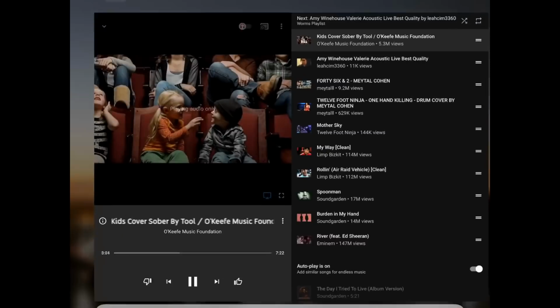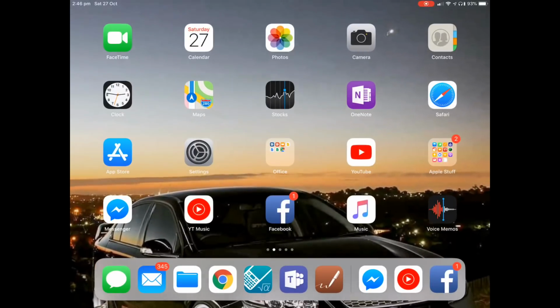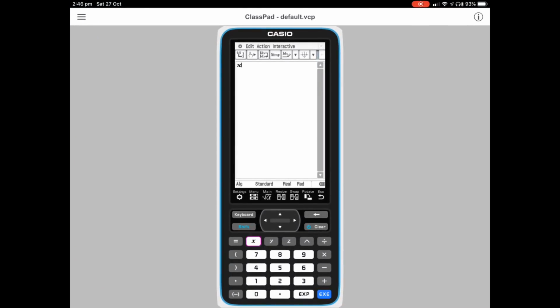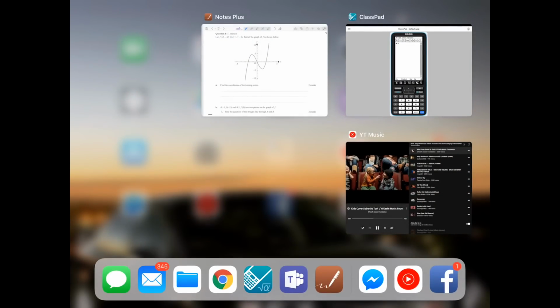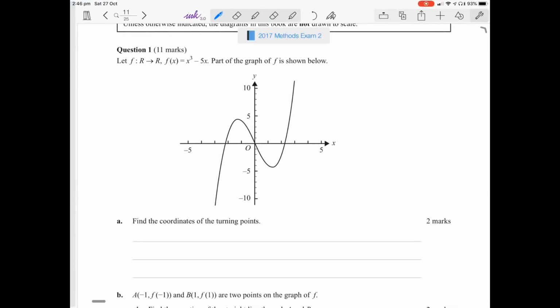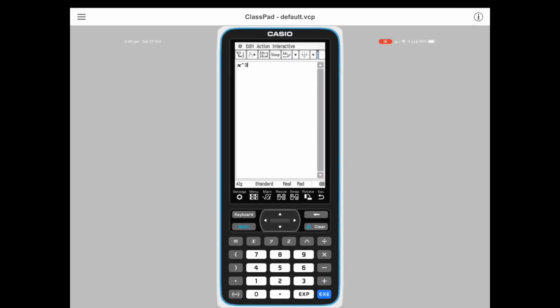Okay, so chuck it into the calculator. So x cubed minus 5x. Actually, I need to be really quick with this one. So let's define f of x.